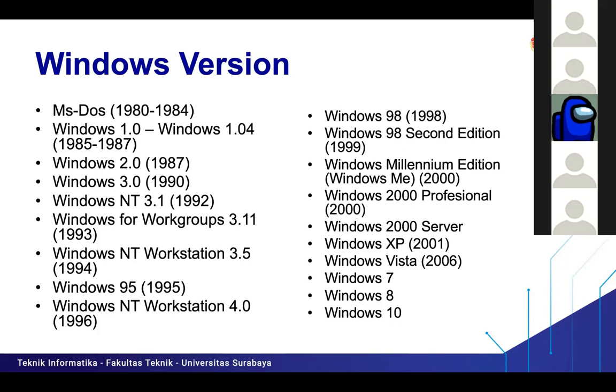I remember I was in elementary school when I tried to use it. It's similar to Windows 7 or maybe Windows XP, but it has an old school user interface. If you are interested in Windows 98, you can search YouTube for the Windows 98 user experience.